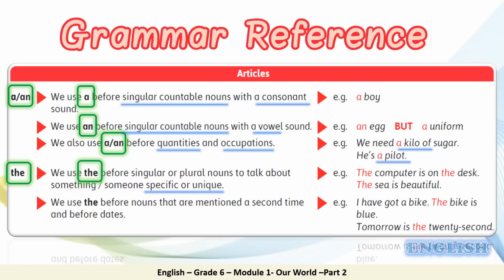The sea is beautiful. We also use the before nouns that are mentioned a second time. Like, I've got a bike. The bike is blue. Also use the before dates. Tomorrow is the 22nd.